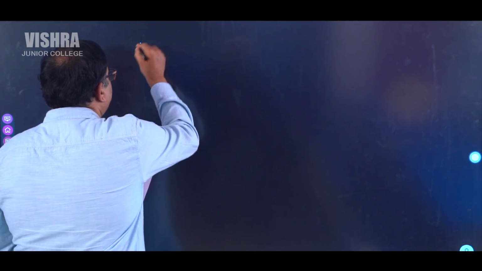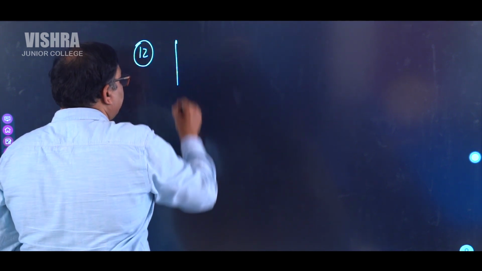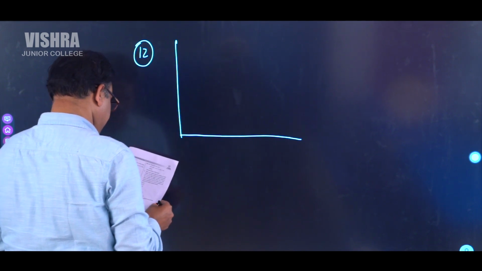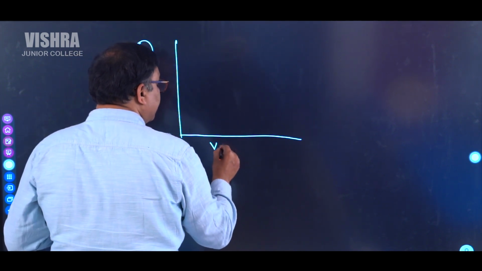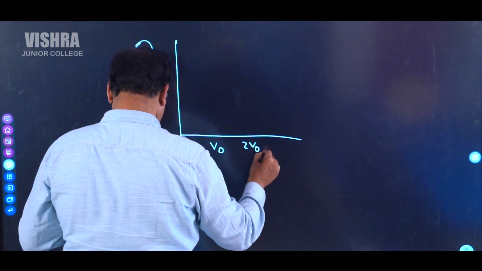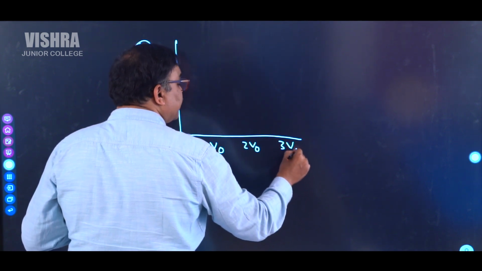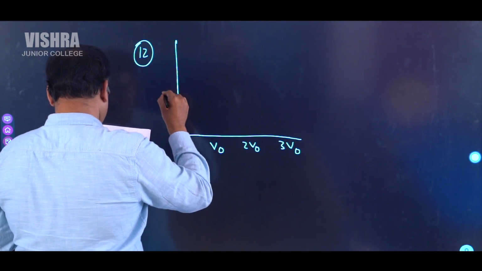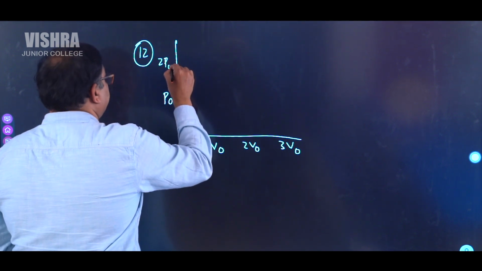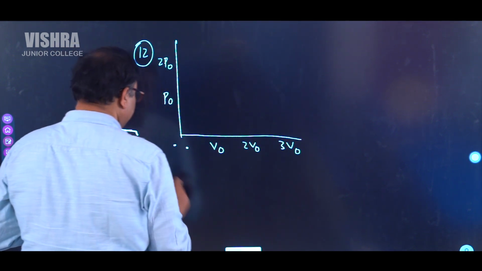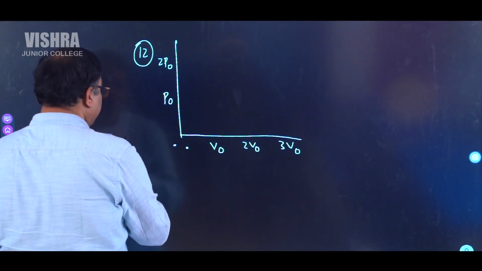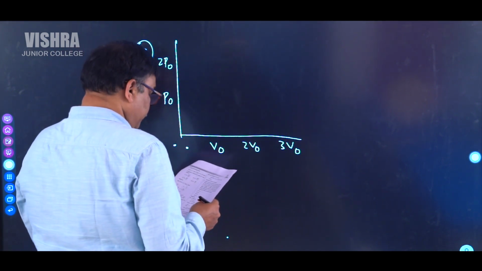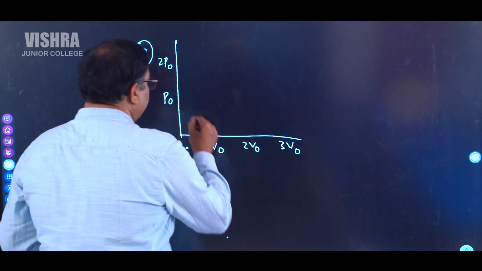Question number 12. So they gave a graph like this. This graph has V0 here, 2V0 here, and 3V0 here. This one has P0 and this one has 2P0. Draw the graph like this.